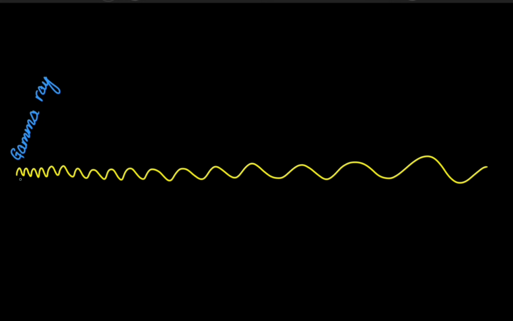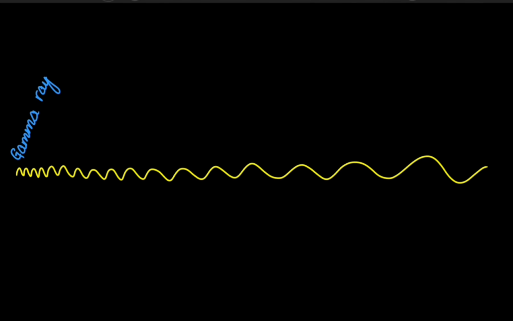So when the wavelength is very low, it indicates that the energy is very high. And the electromagnetic radiation with the highest energy is gamma ray. In some old literature, you can also find cosmic ray to be the highest energetic electromagnetic radiation, but now cosmic ray is no more considered as an electromagnetic radiation, and hence we have to consider the gamma ray as the strongest or the most energetic electromagnetic radiation.